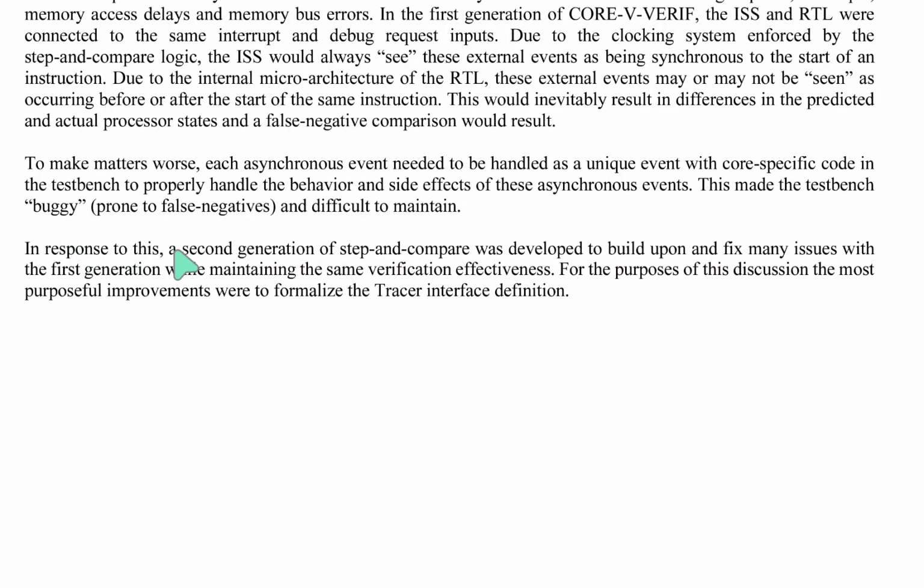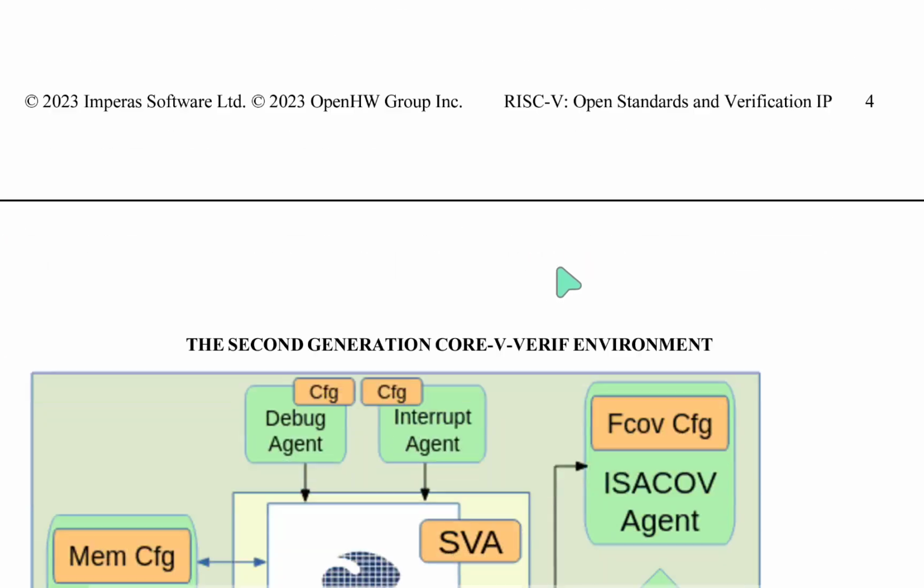In response to this, a second generation of step and compare was developed to build upon and fix many issues with the first generation while maintaining the same verification effectiveness. For the purpose of this discussion, the most purposeful improvement was to formalize the tracer interface definition.